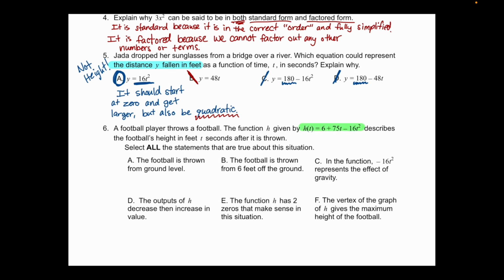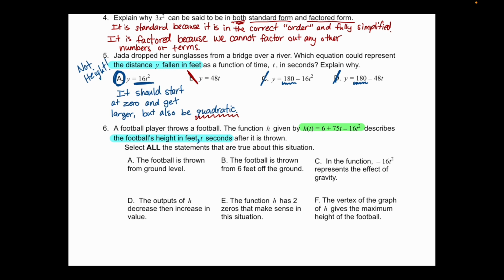H of t is equal to 6 plus 75t minus 16t squared and describes the football's height in feet t seconds after it is thrown. So I feel like they should have a comment in here, height in feet t seconds after it is thrown, because it's not height in feet t seconds. So there we go. We want to select all statements that are true about this situation.